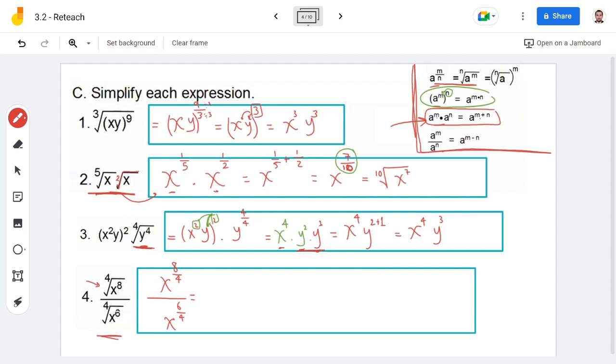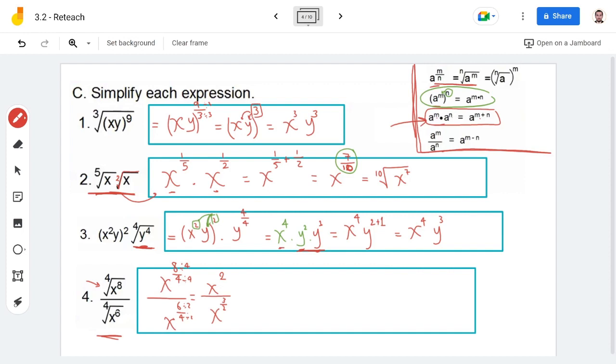Now simplify the powers. 8 over 4, if we divide both by 4, it will be 2 over 1. Here, 6 over 4, let's divide both by 2, so 6 divided by 2 is 3, and 4 divided by 2 is 2, so x to the power of 3 over 2.